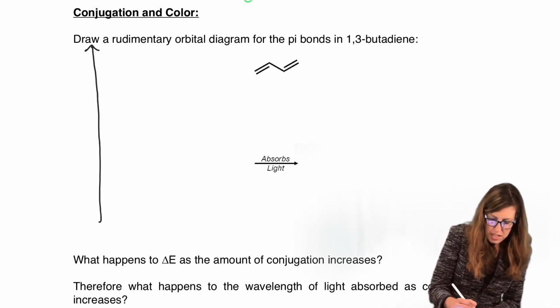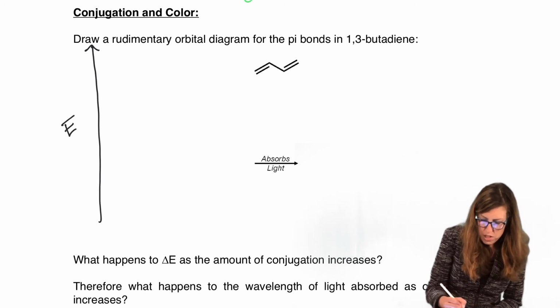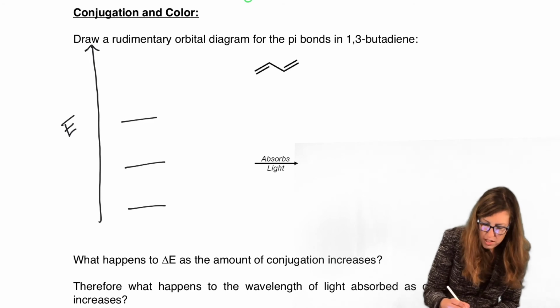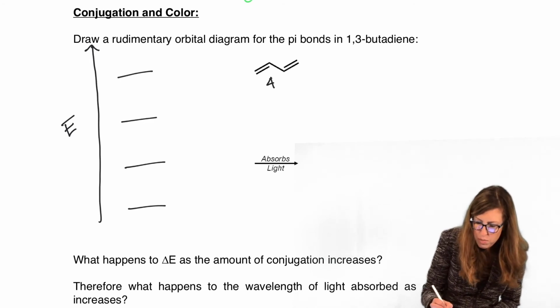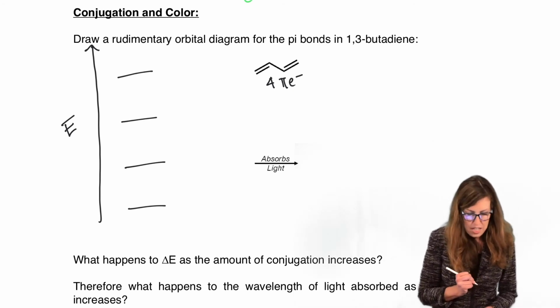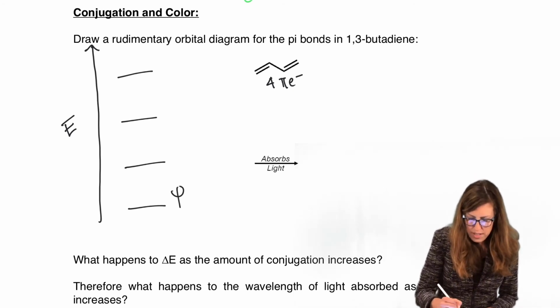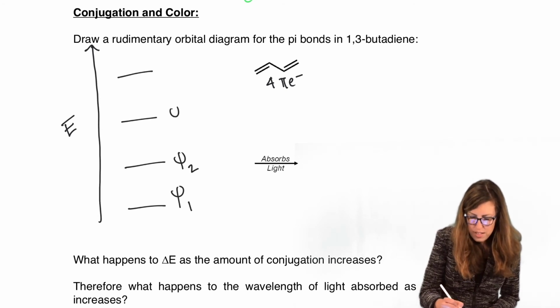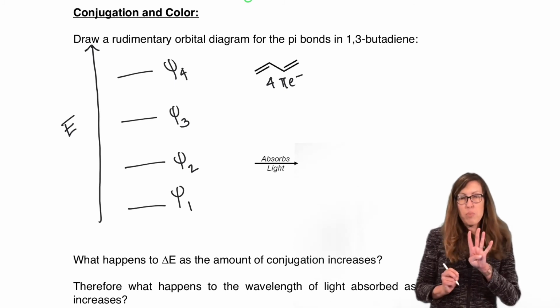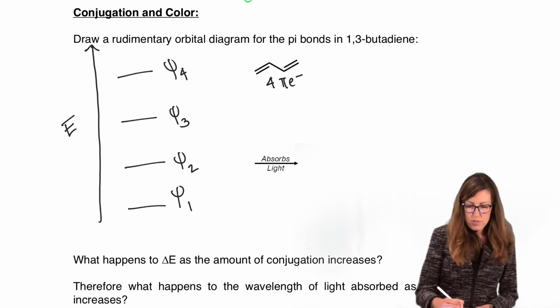I'm just going to get right to the punchline, which is what's going on with the energy diagram of the electron configuration. Notice we have 4 pi electrons here. I'm intentionally picking the same example so that we don't have to spend too much time deriving that. So we must have 4 molecular orbitals, psi1, psi2, psi3, psi4, and those 4 electrons are going to occupy the lowest energy levels first.